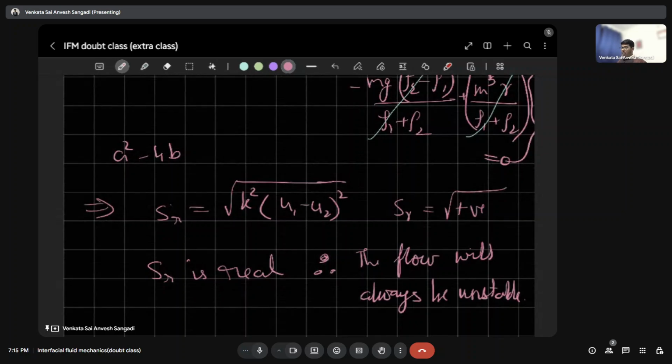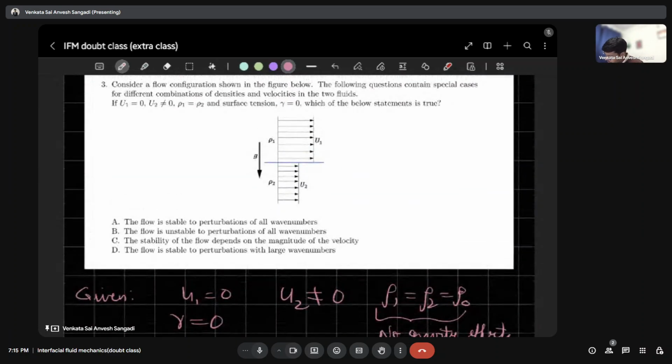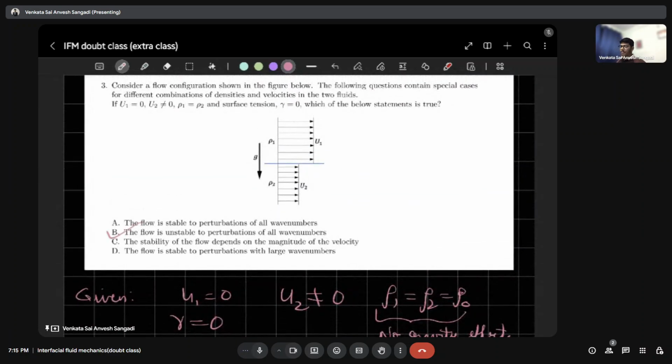Therefore, it will always be unstable. So the flow is unstable.